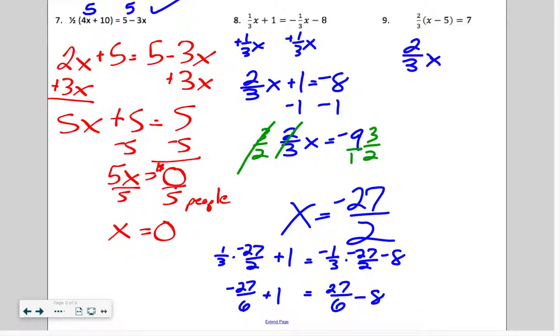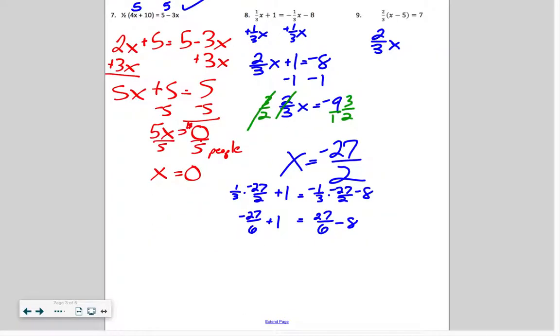Kind of nervous about this, but now we want a common denominator, so we want it out of 6. So 1 is the same as 6 out of 6. We have -27 sixths plus 6 out of 6.